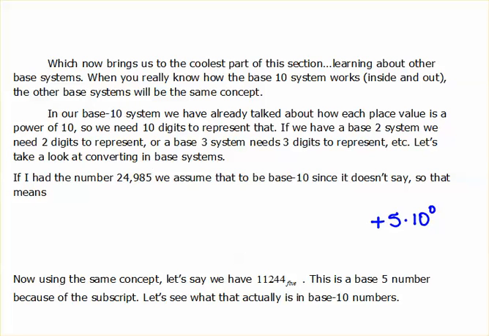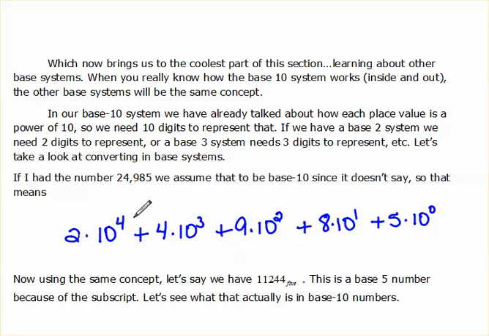And then we would add that to 8 is in the tens position, so that would be 8 times 10 to the first, plus, and then this 9 is in the hundreds position, so that would be 9 times 10 squared, plus, then the 4 is in the thousands position, so that would be 4 times 10 cubed, plus, and then we have a 2 in the 10,000th position, which would be 2 times 10 to the fourth. So you see how the place value is multiplied by the number that's in that position.